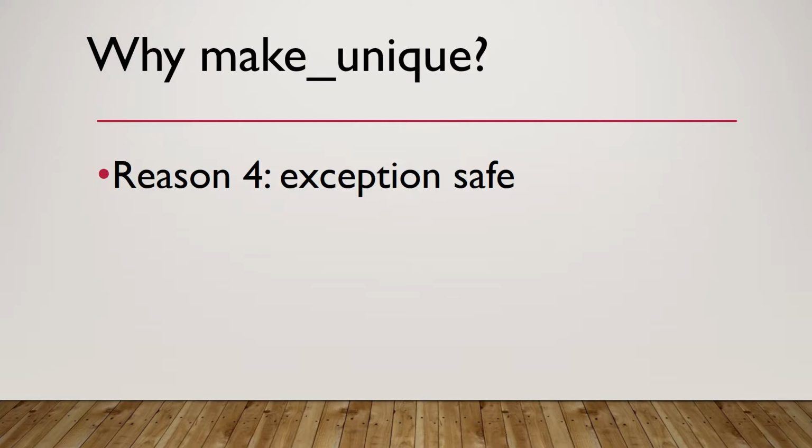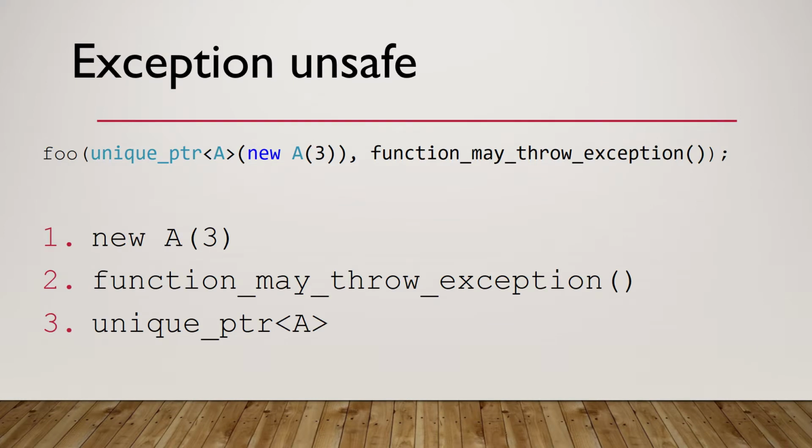It's exception safe. First, what is exception unsafe? Consider this scenario. Function foo is called with a unique pointer, created using the old method, and another function that may throw an exception. The compiler before C++ 17 is allowed to build the code in this order. First, new A of 3.